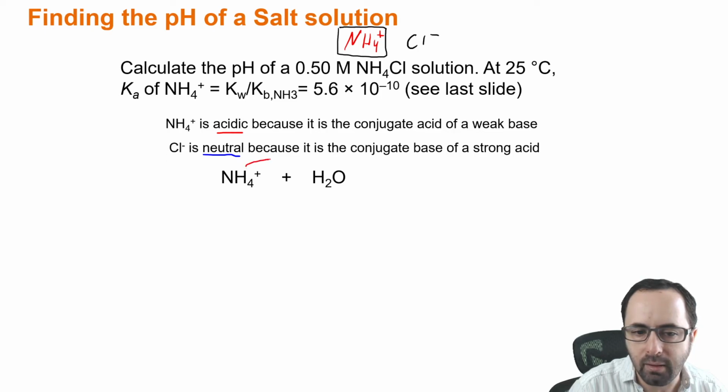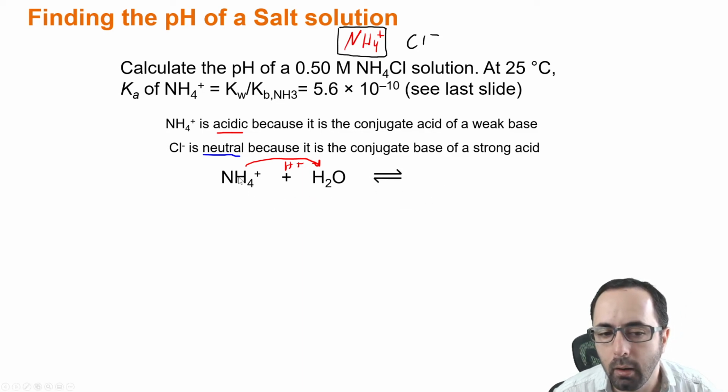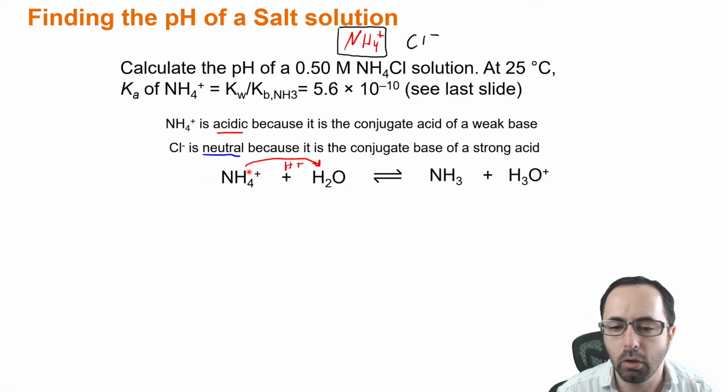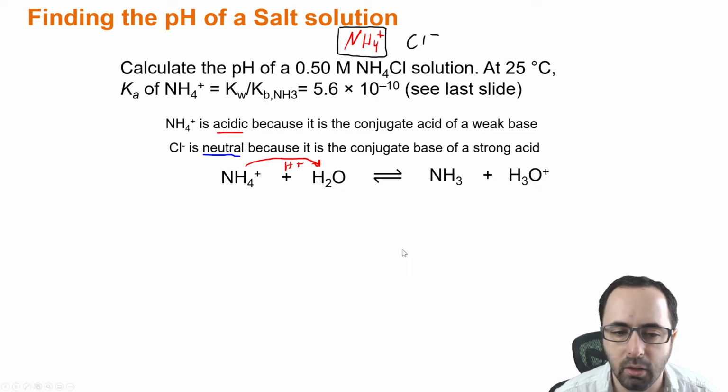And so it's acidic, it's going to give its proton to water. And we're going to have an equilibrium here where we have the conjugate base of our ammonium ion, which is ammonia after it has lost the H+, and we have hydronium ion, which is the conjugate acid of water after it has gained one H+.